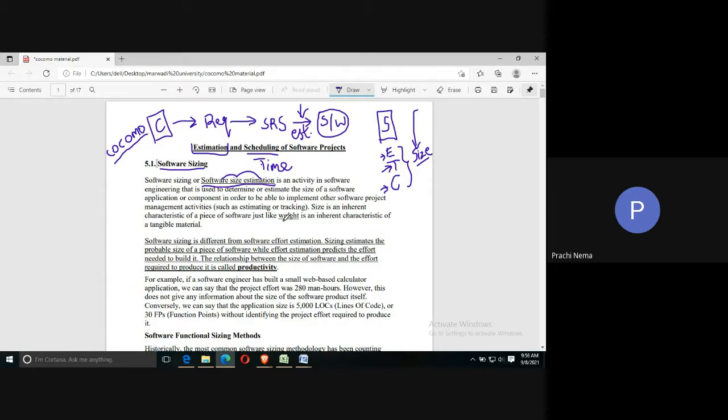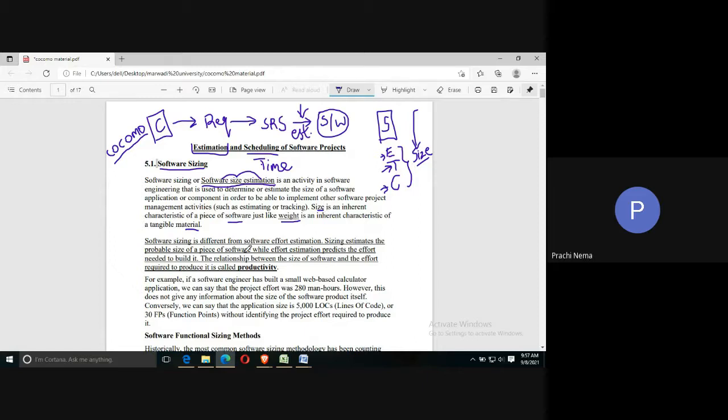Like you have the unit of measurement as weight for the body or for a material, in the same way for softwares we have size as the unit of measurement. If you want to talk about the unit of measurement for a material, that material can be anything. We say that weight is the unit of measurement. And if you talk about the software, then its size is the unit of measurement to judge that software.